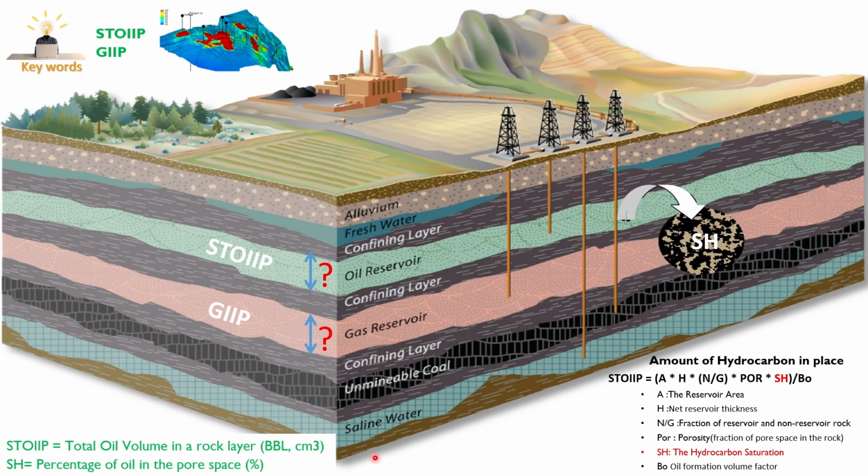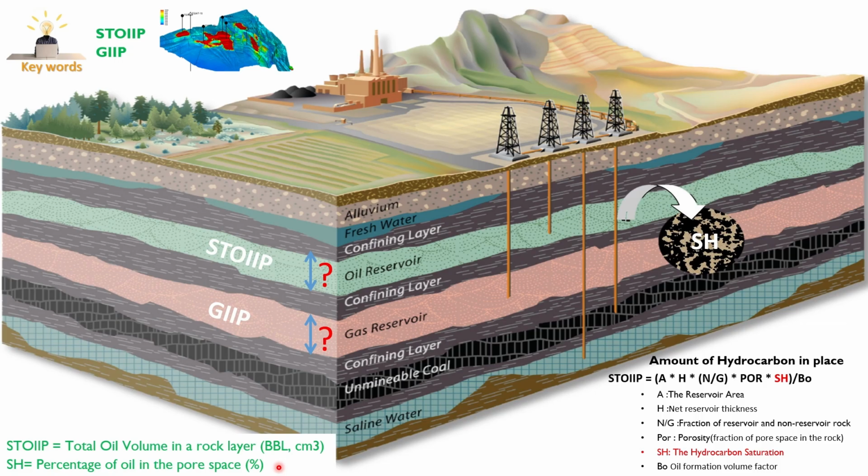For example, if we say SH, the hydrocarbon saturation is 60%, it means 60% of the pores are filled with hydrocarbon, whether oil or gas, and 40% are filled with water. So this is the main difference between STOIIP and SH.